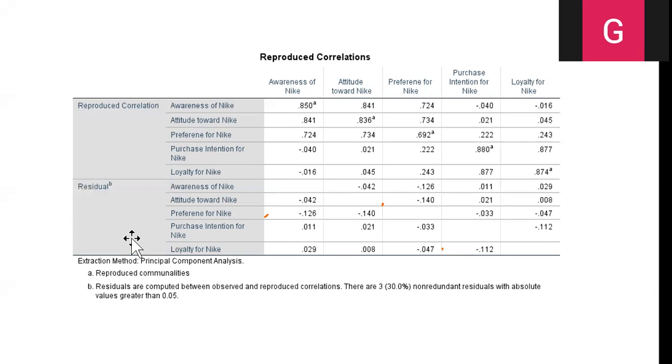So what you have to do is just, in this table, can you tell me, all those which have values, how many values are greater than 0.05 in these unique values?